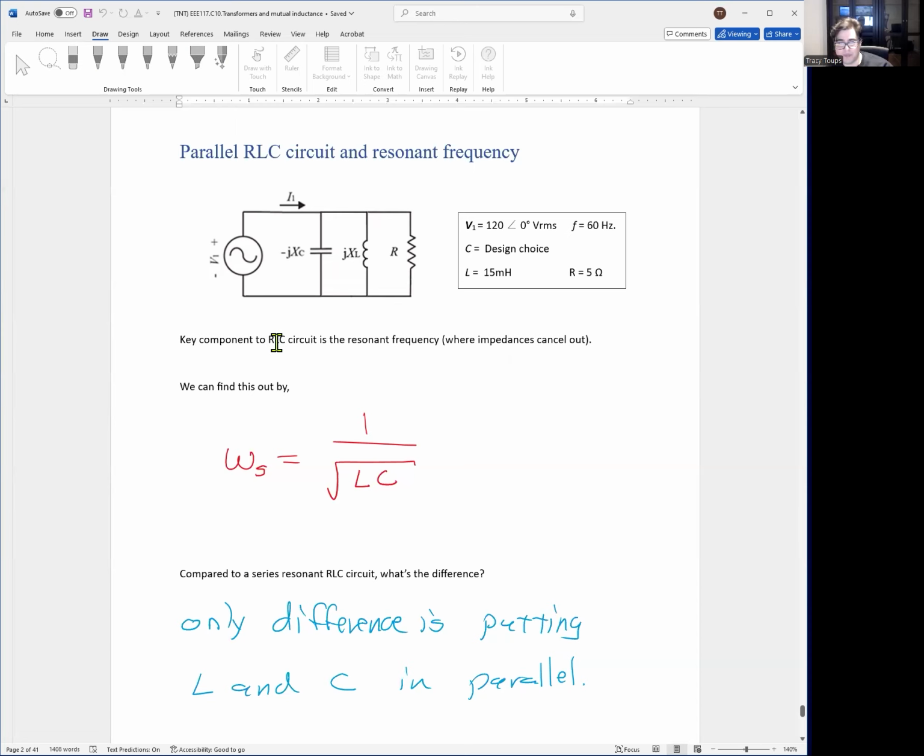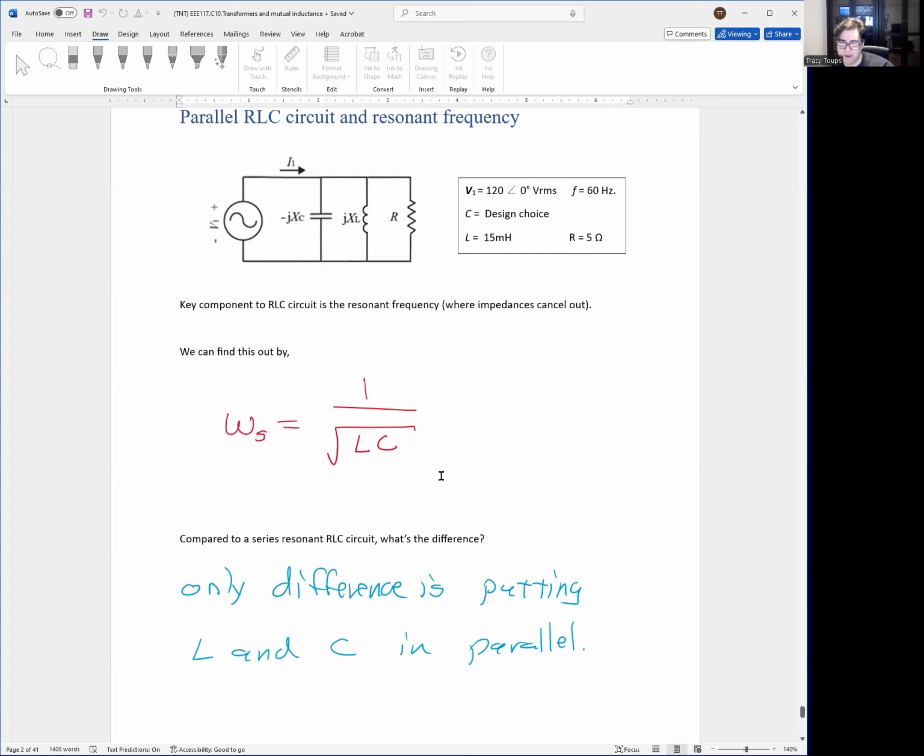Remember, one of the key components of RLC circuits is a resonant frequency where the capacitor and inductor cancel out. In parallel, they cancel out by having infinite impedance. How can we relate resonant frequency to L and C? Omega equals 1 over square root of LC. Very simple. It's the exact same as the series one, except it's parallel now.